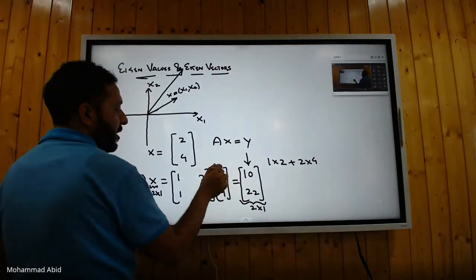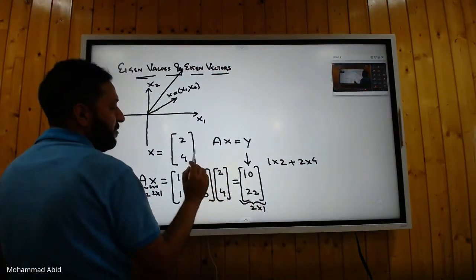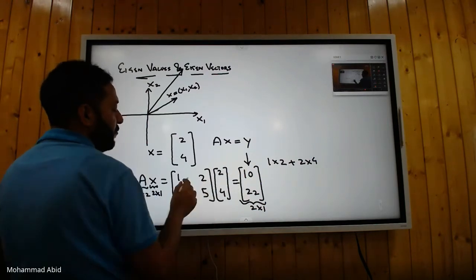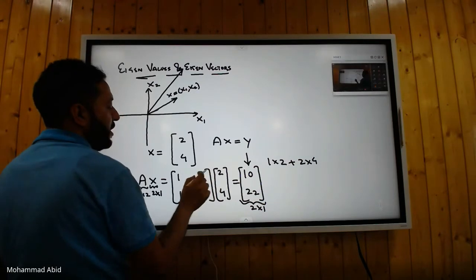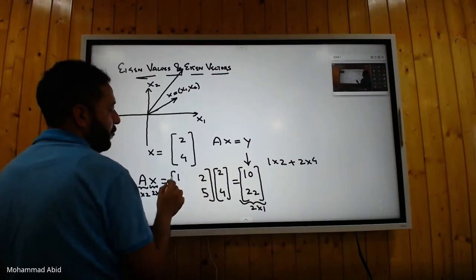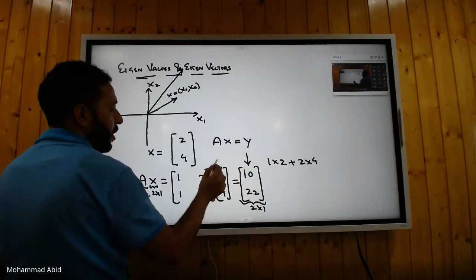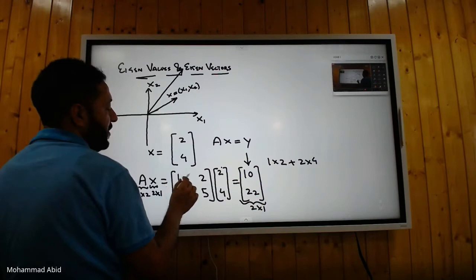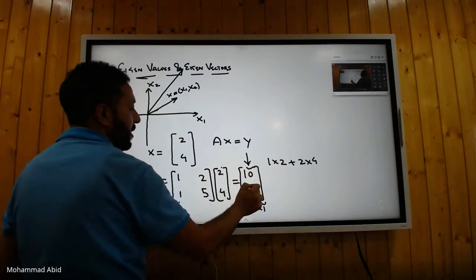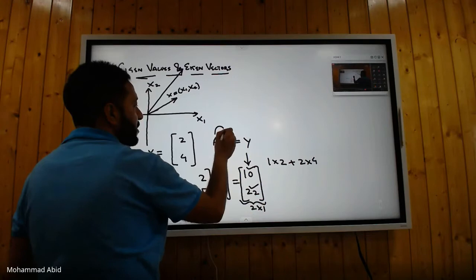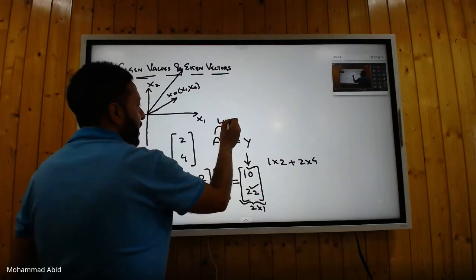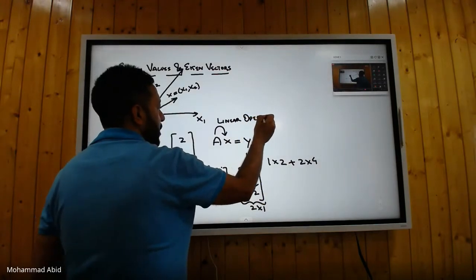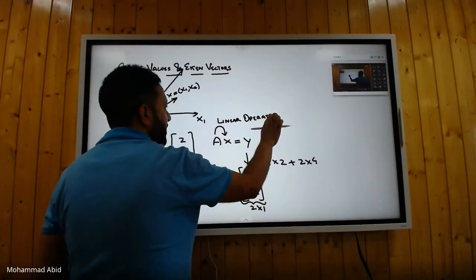That means the entries of the new vector are actually linear combinations of the original vector, and the coefficients for the linear combination are provided by this matrix. Like this column, it is actually linearly combined with these entries, and you end up with this entry, and similarly you end up with this entry. So this is a linear operation, and matrix A is said to be a linear operator.